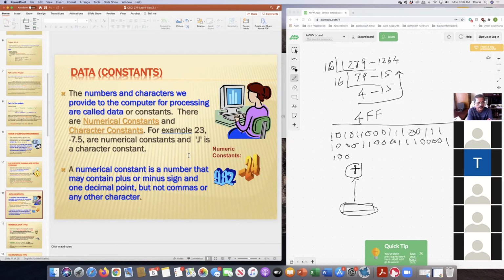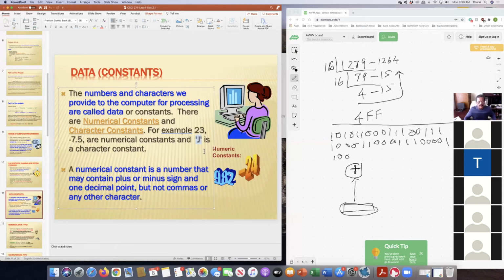Numerical constants are numbers like 23, minus 7.5. These are all numerical constants. And the character J, alphabet J, is a character constant. Whenever you're using an alphabet, any character as character data within the program, you need to have single quotes around the J. The character should have just single quotes.